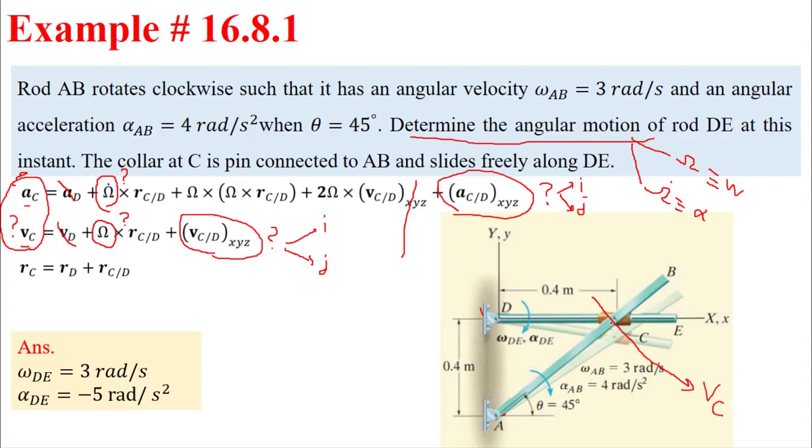So we'll expect that we'll have Vc in the X direction and Vc in the Y direction. So we have a positive quantity in the X direction, and we'll expect that we have Vc Y in the negative Y axis.